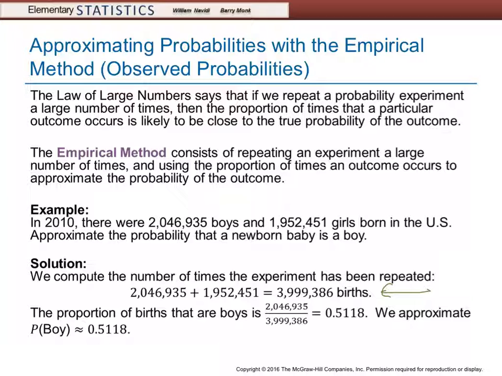The proportion of births that are boys is just 2,046,935 divided by the total births. We get the answer of 0.5118 for a boy. But this is the observed value. The actual expected value would be 0.5.